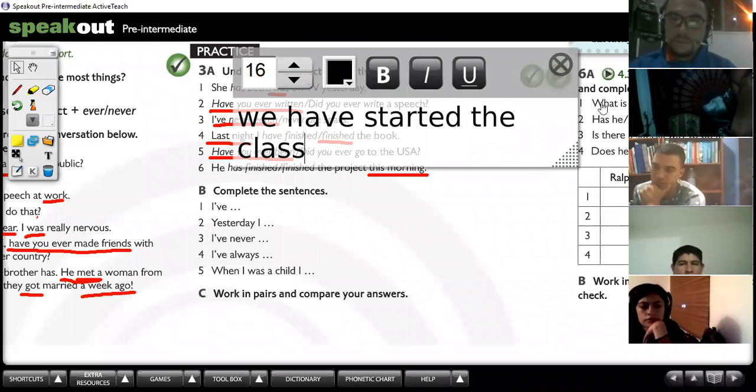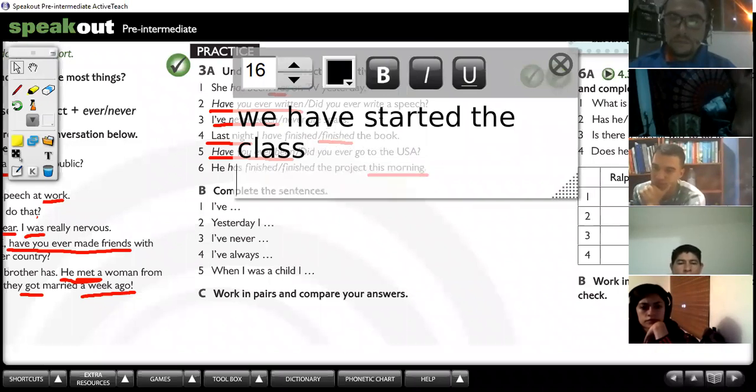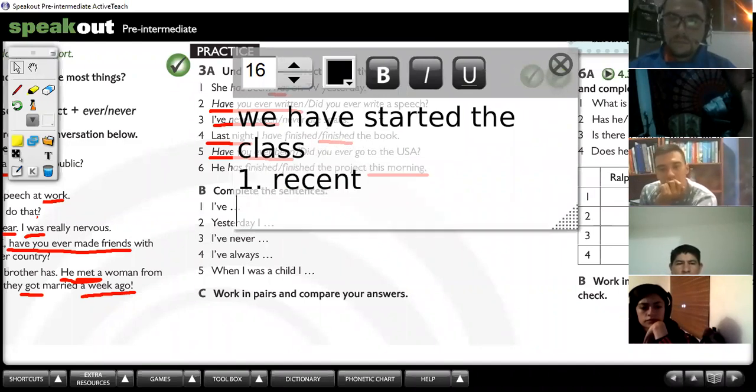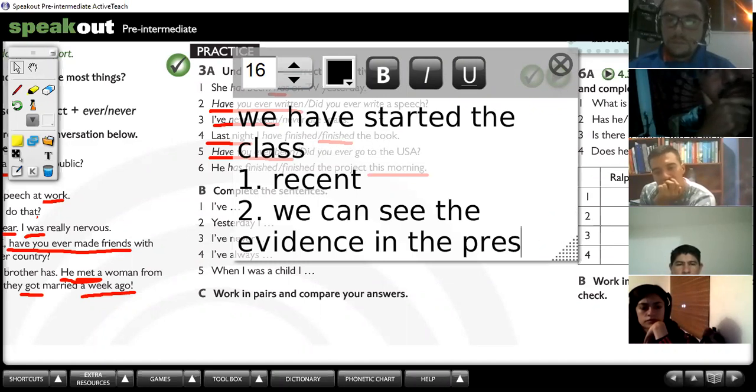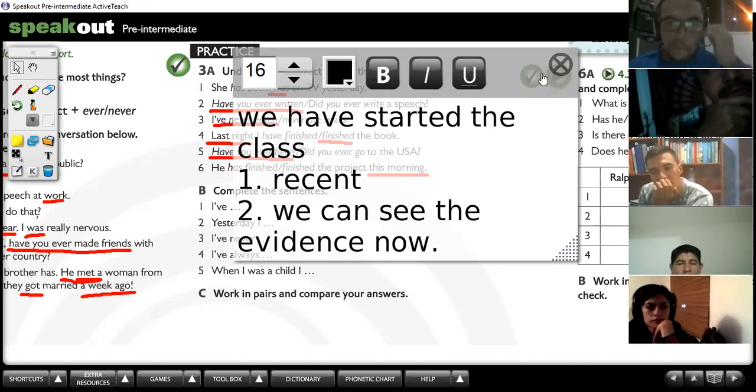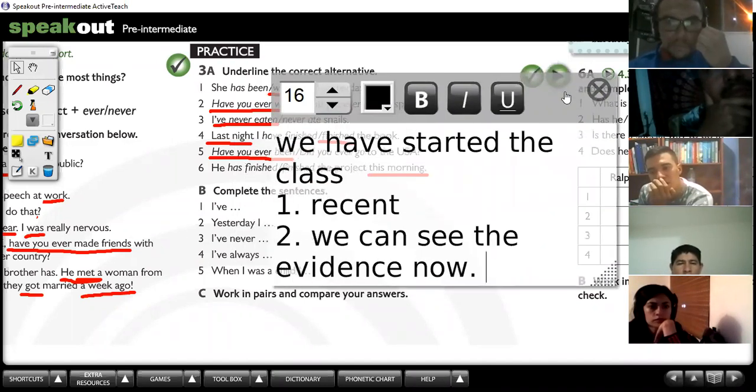But the action can be expressed with present perfect because first, it is a recent action, and second, we can see the evidence in the present. We are still in class. Okay? So is that part clear?